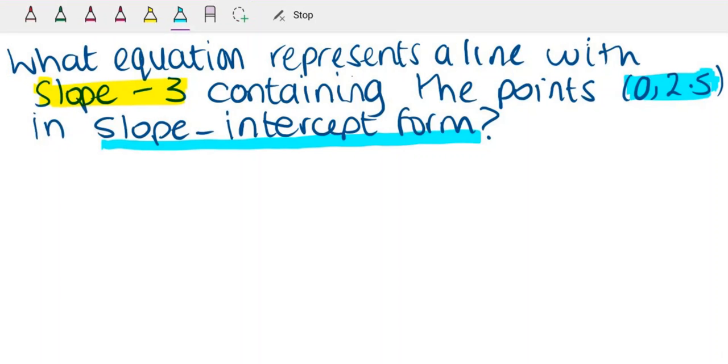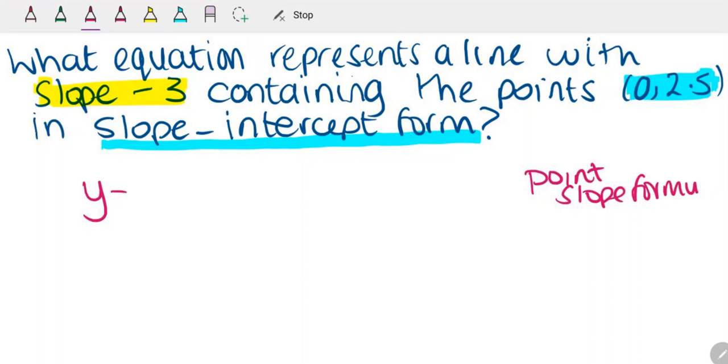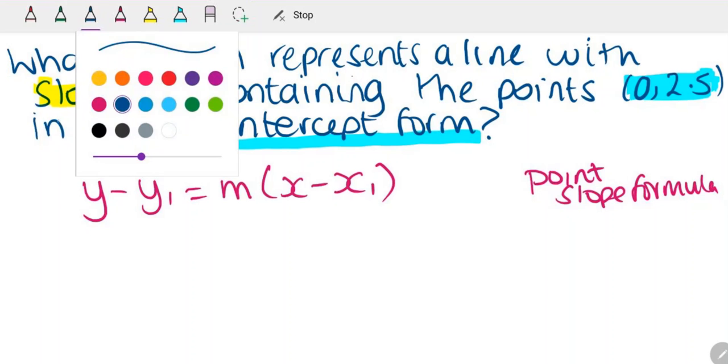So this time, we're going to start with our point slope formula. So y minus y1 equals m x minus x1, and substitute in the values.